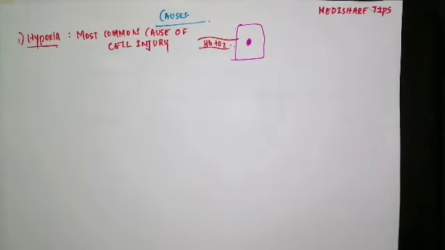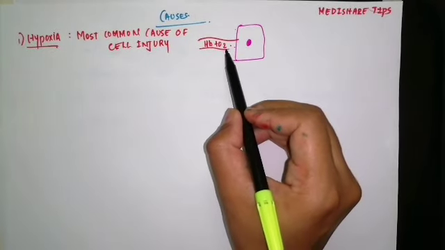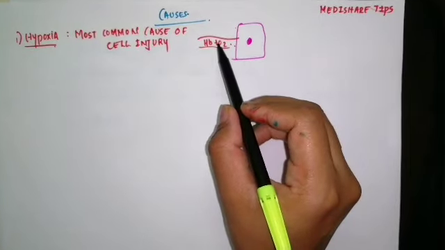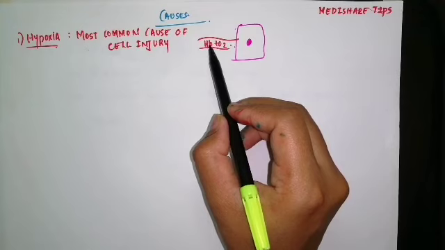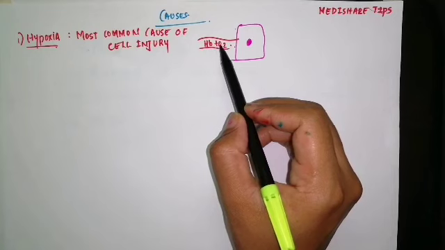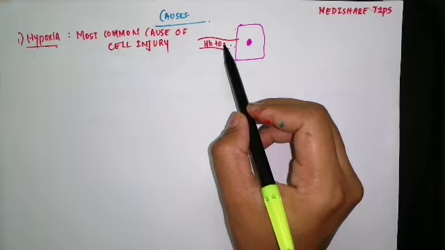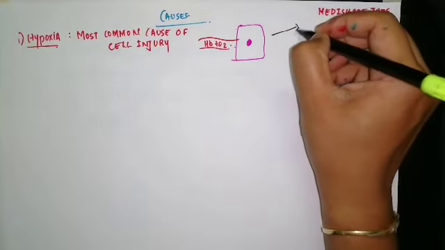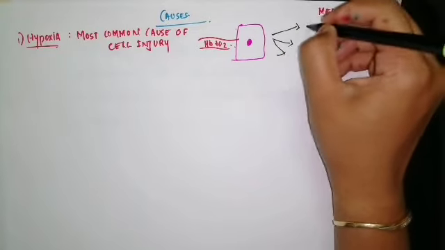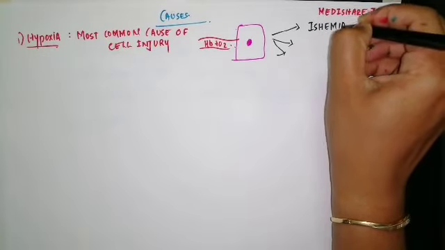The decreased oxygen supply to the cell can be due to decreased blood supply, when the blood supply to the organ is decreased, or it may be because of decreased hemoglobin in the blood to carry the oxygen, that is due to anemia, or it may be due to decreased oxygenation of the blood due to lung disease or heart disease. Hypoxia due to decreased blood supply is called ischemia.